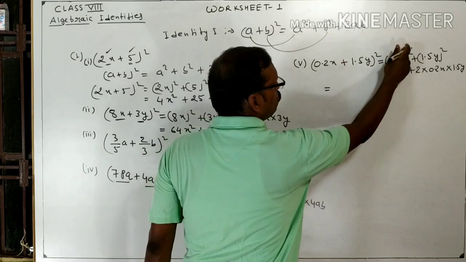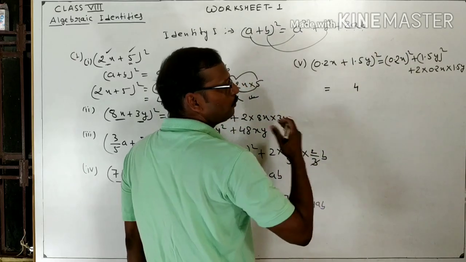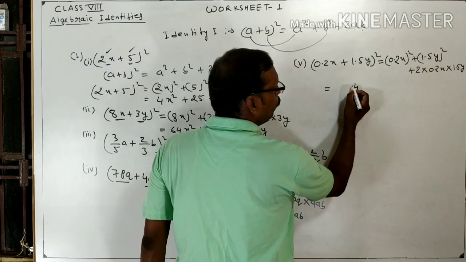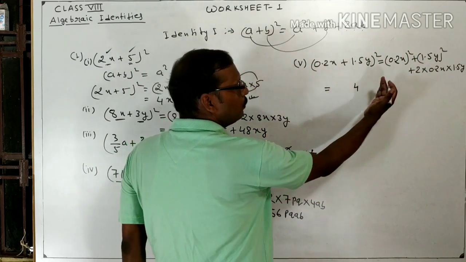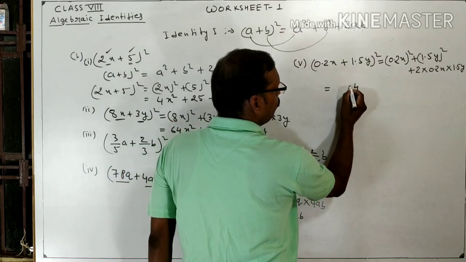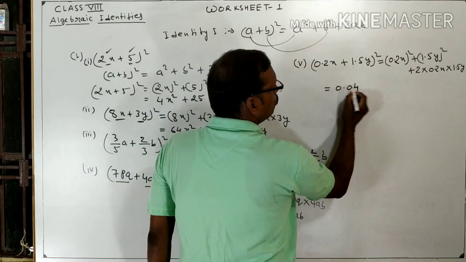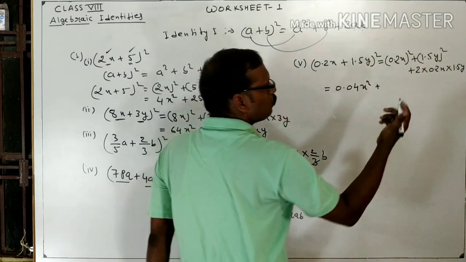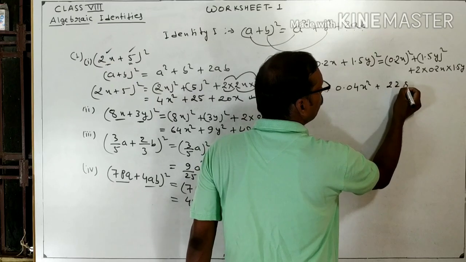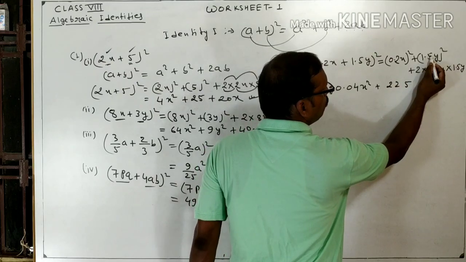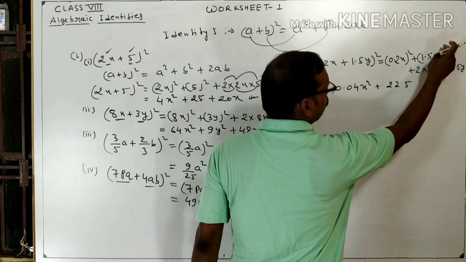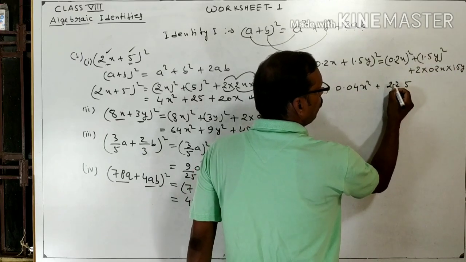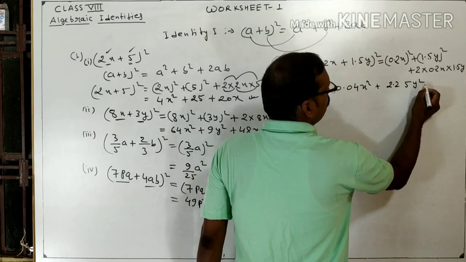0.2 square, 2 square is 4, and put the point after 2 digits because this is a square and the point is after 1 digit. After squaring, we put the point after 2 digits counting from the right: 0.04, and x square. 15 square is 225 and the point is after 1 digit from the right, so if we square this number we put the point after 2 digits, and y square.